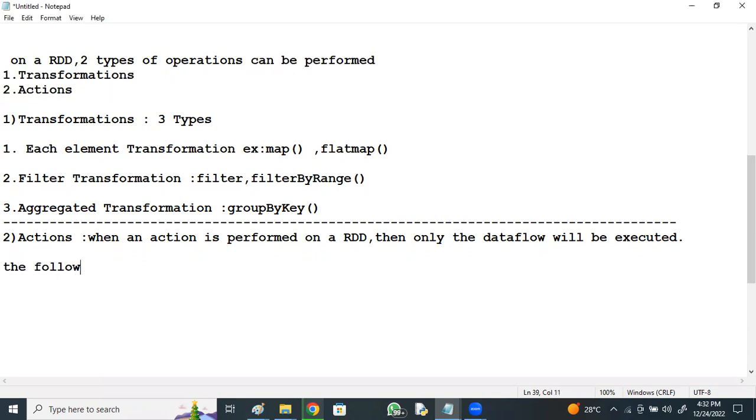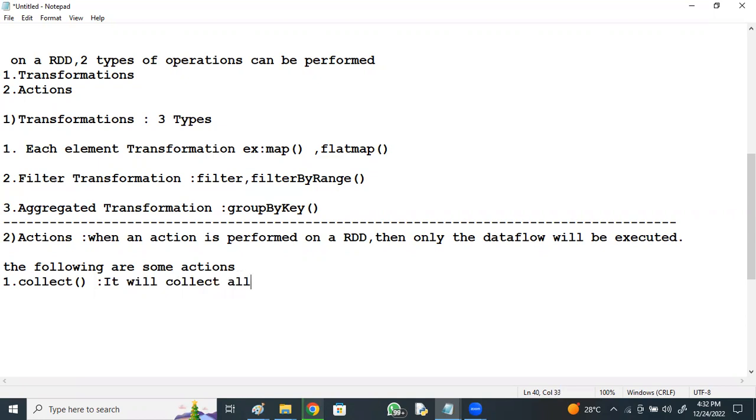The following are some actions. Collect. What do you mean by collect?